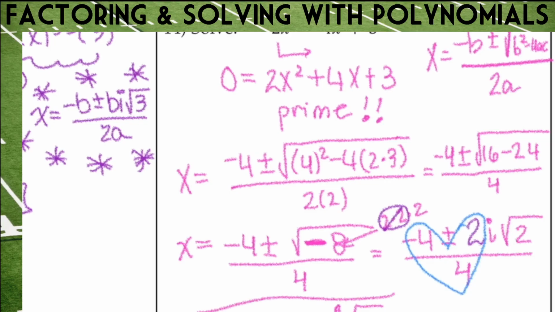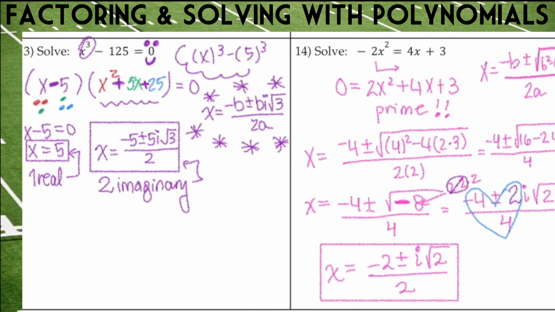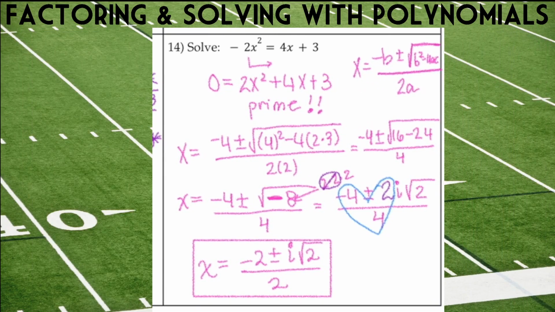And I would leave the answer like that. I got 2 imaginary answers. And what was the biggest power in the problem to start? It was 2, right there. So my answers make sense.